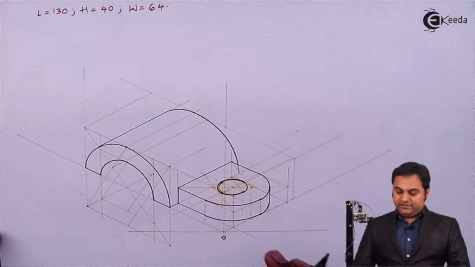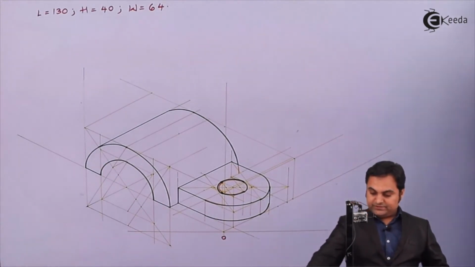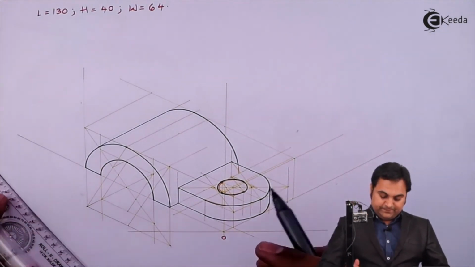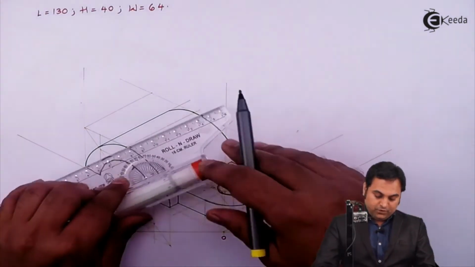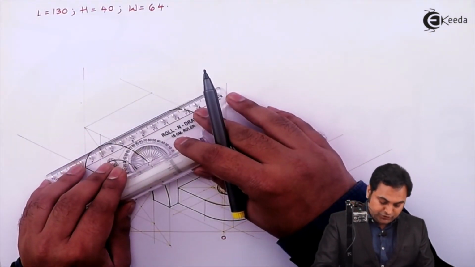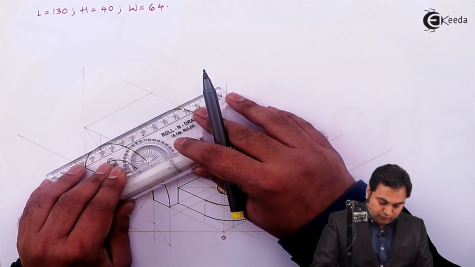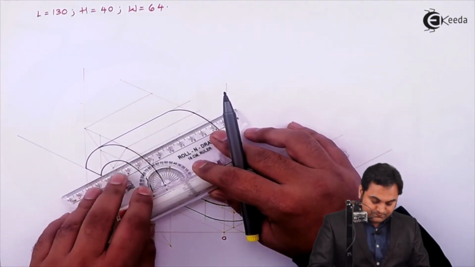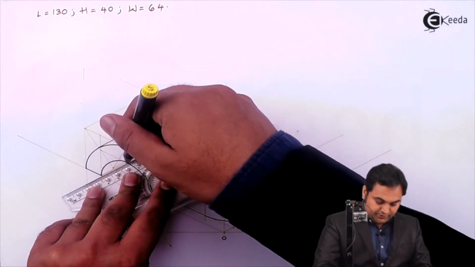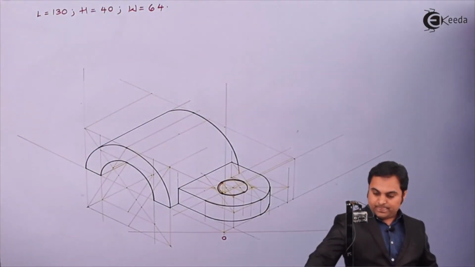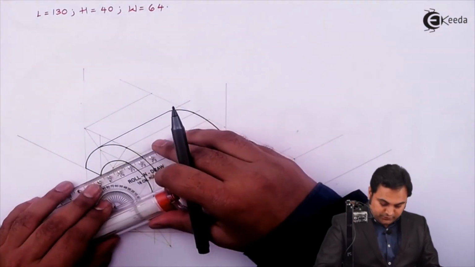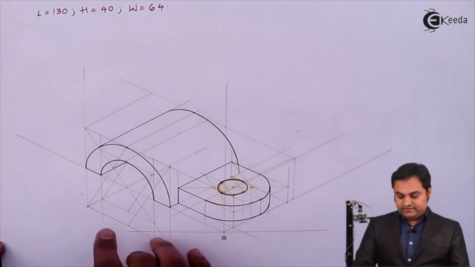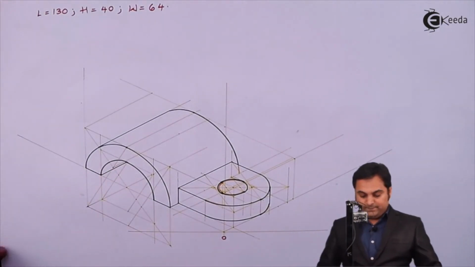So here I am getting these two semicircular portions. Next, here we have to draw the complete surface. For that, there will be a line which shows that the semicircular portion is throughout, that is the inner semicircle. For that, I am drawing a light parallel line, then making it dark. So like this, the inner surface will be seen.